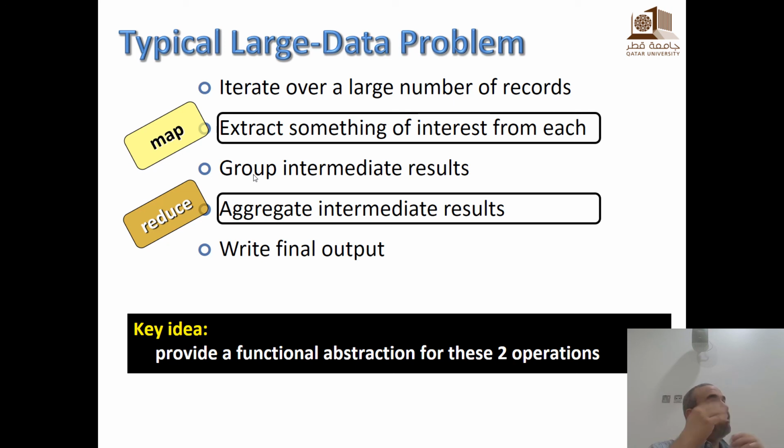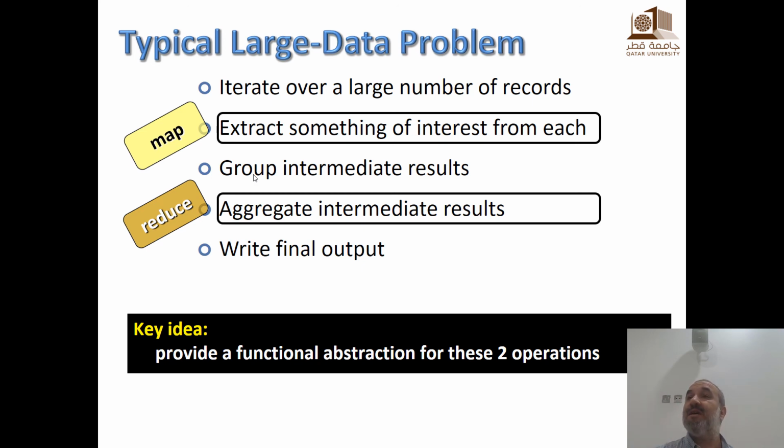But other than that, the framework will handle how the data will be split and how the data will be distributed over the workers or the mappers or reducers, the machines that will process the data. Okay? Stay tuned. We'll have more details.